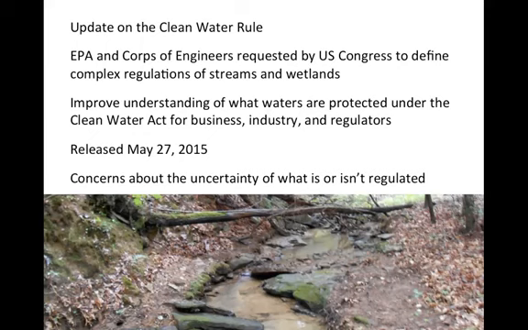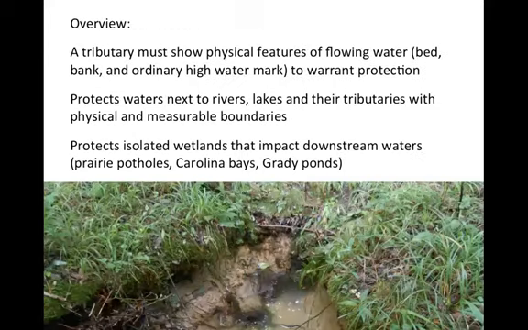So this report was pulled together and released, and there were several findings that were very similar to what had been said before. A tributary has to have flowing water, have a stream bed, stream banks, ordinary high water mark.